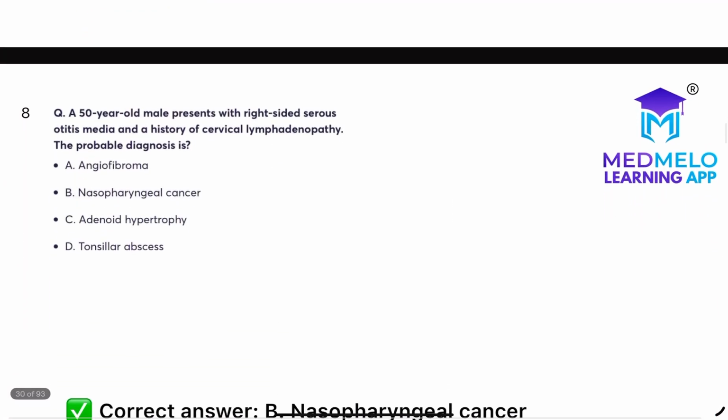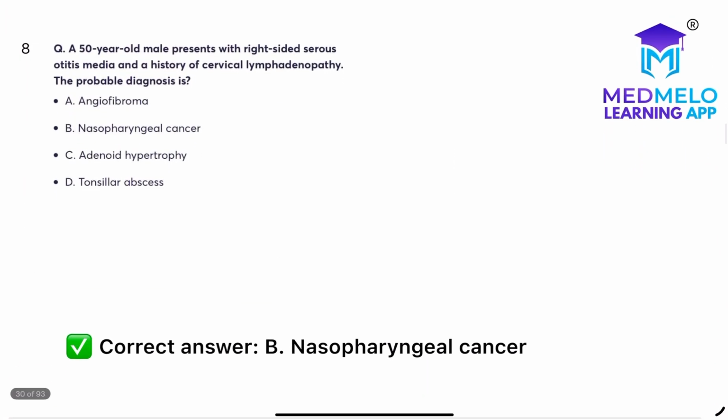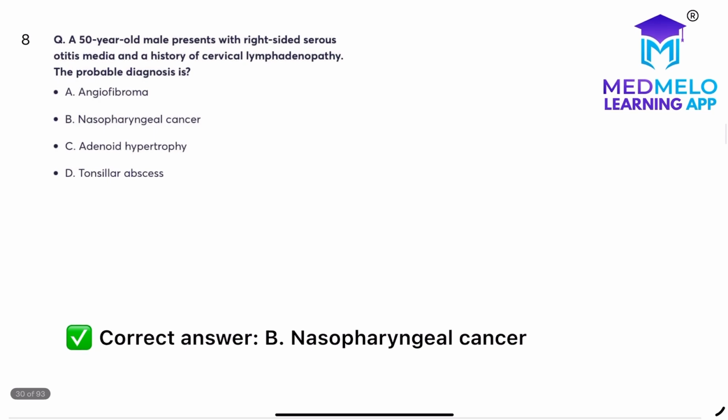Okay, moving on to the next question. A 50-year-old male presented with right-sided serous otitis media with a history of cervical lymphadenopathy. What may be the probable diagnosis?